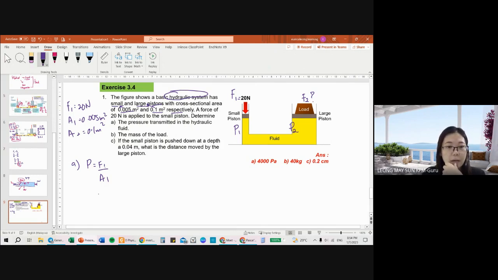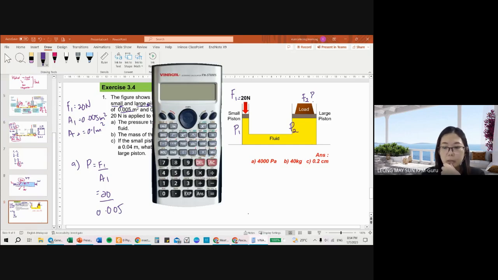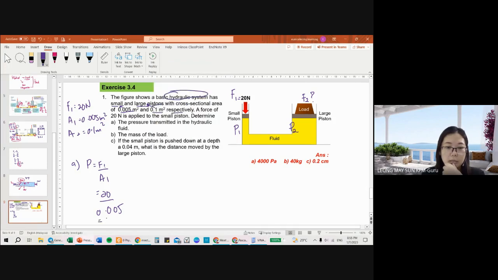So force F1 is 20, A1 is 0.005. So 20 divide by 0.005. Answer is 4,000 Pascal. Okay, so that is the pressure transmitted.